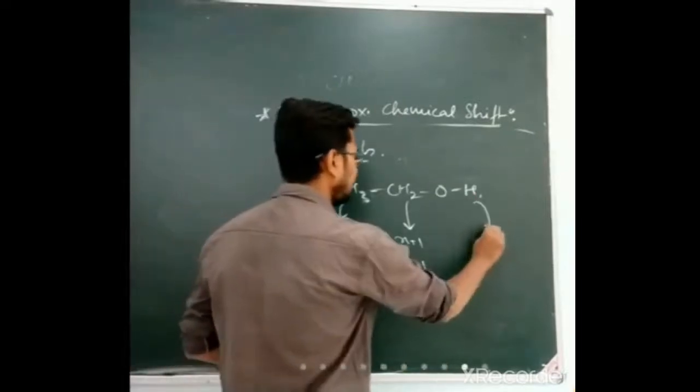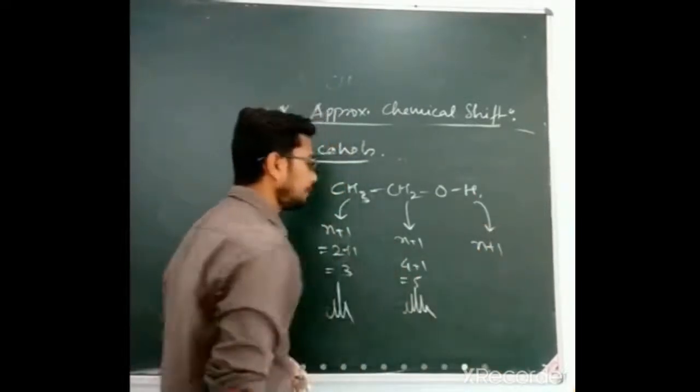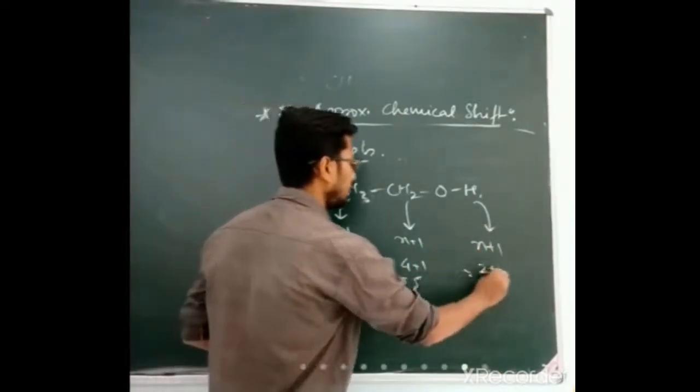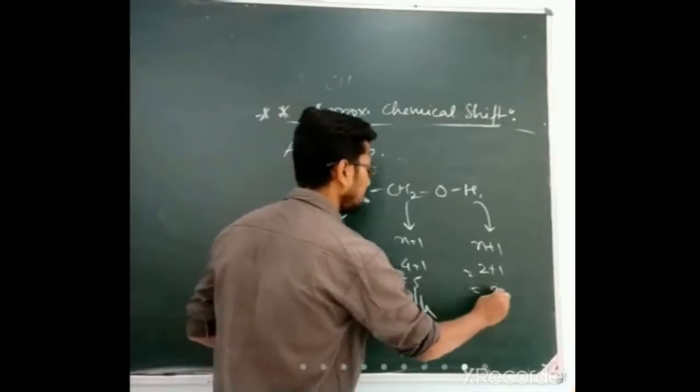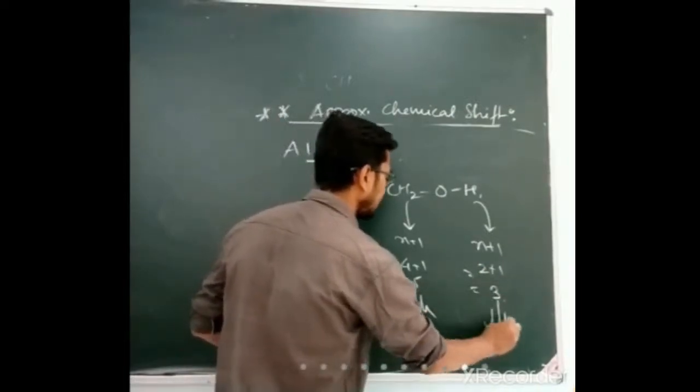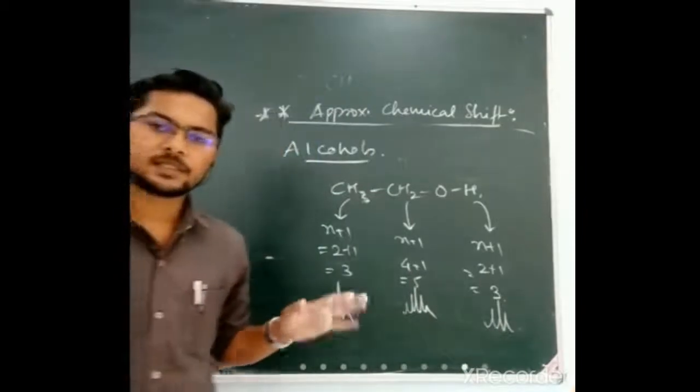And the OH hydrogen, 2 plus 1 equals 3, should come as a triplet. This should be the ideal scenario.